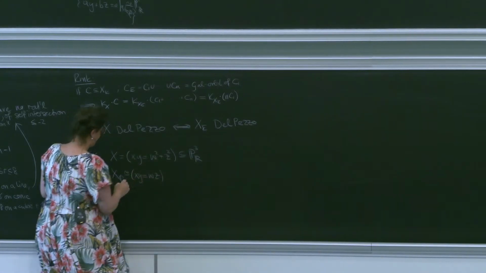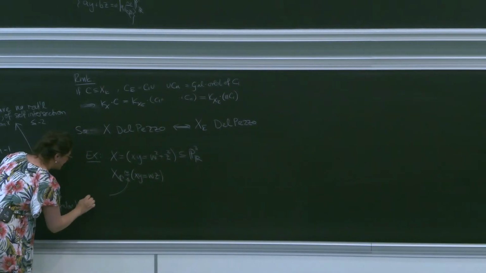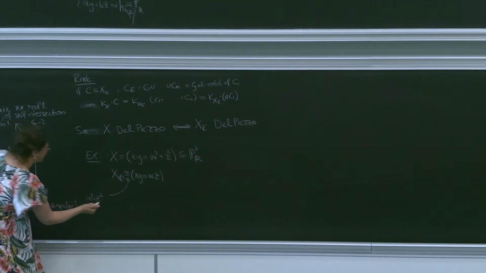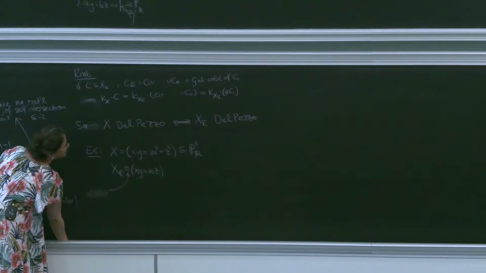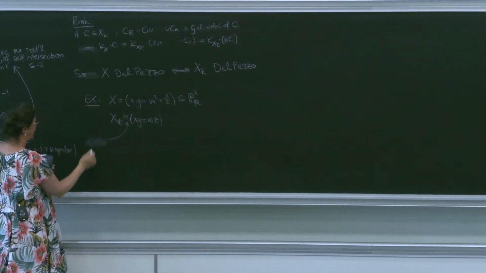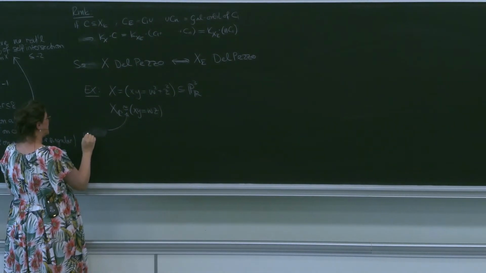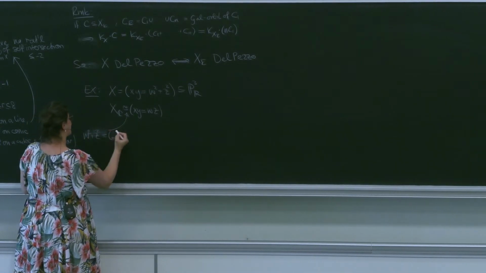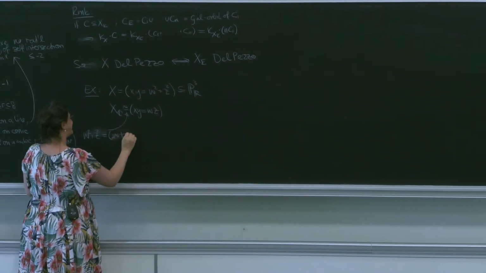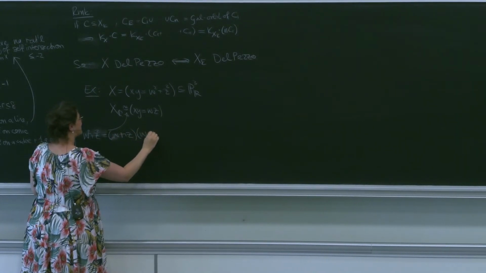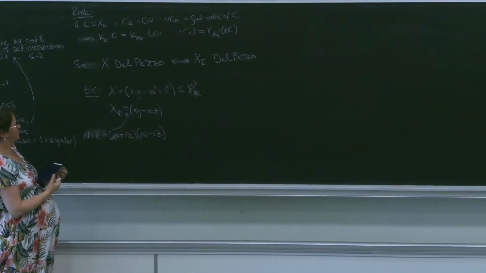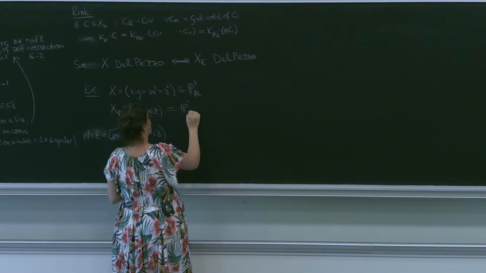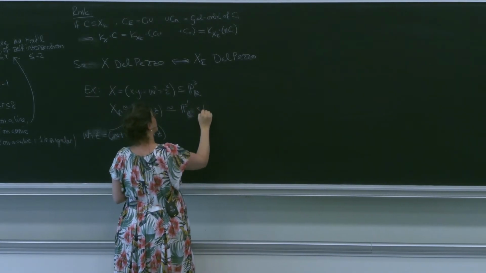Because I can write w squared plus z squared equal to w plus iz times w minus iz. And this is isomorphic to P1 cross P1.